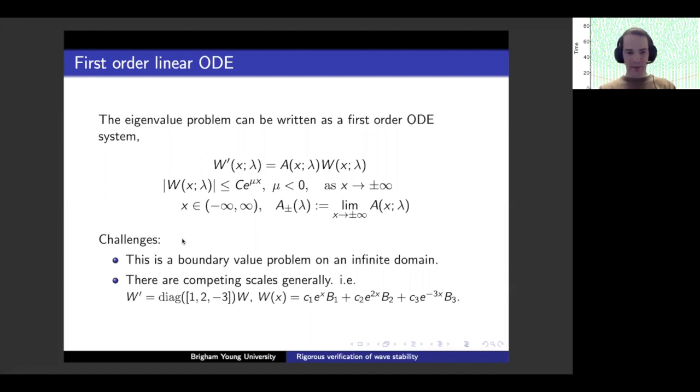As a very simple example, if you have just a diagonal system, then the solution takes this form here for W. And you can see that if you are solving for a solution initialized with some component of B1 and some component of B2, as you solve that forward in time from negative infinity, you're going to lose the part of the solution in the direction of B1 due to the differing scales. You're going to lose it at machine precision eventually. And that's the main challenge with these type of computations, even with double arithmetic.